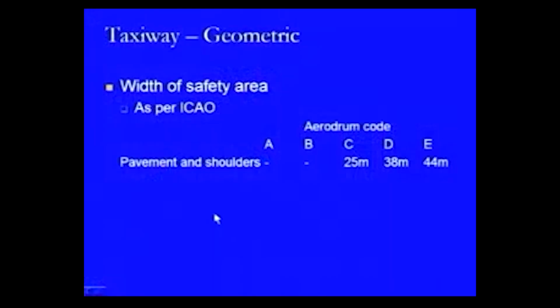Then as per ICAO, we have some of these values like the pavement and shoulders.